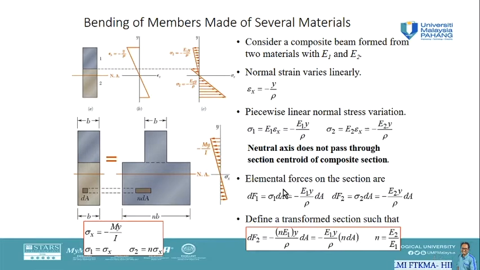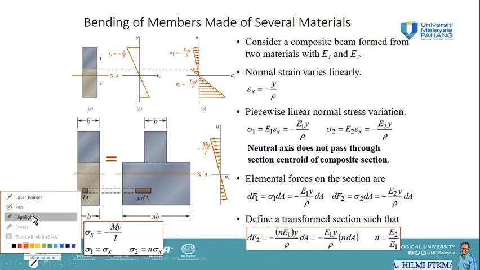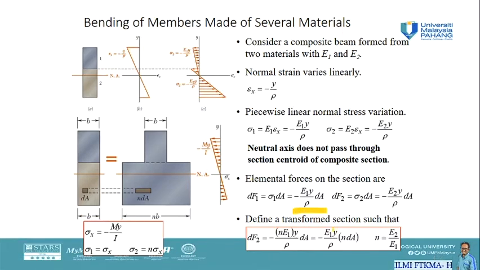So if we compare with the elemental force at material 1, this equation and this equation, what we are going to find out is that for material 2, the same force is being exerted, except that the area is multiplied by the value of n, which is the ratio of the Young's modulus of material 1 and 2.